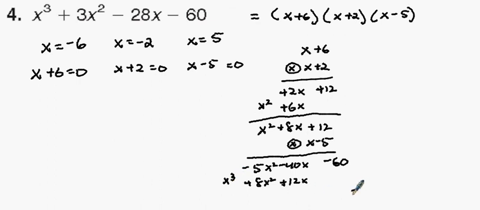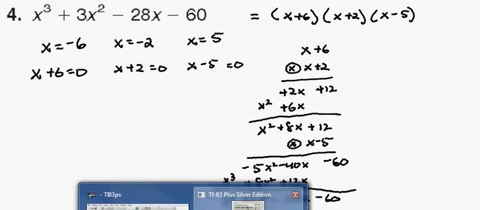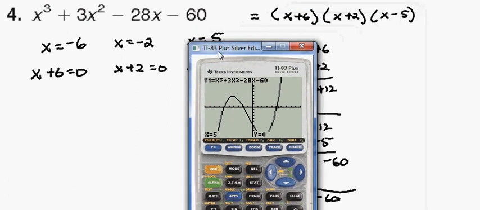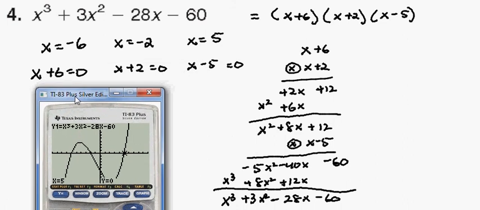And I add my columns there. And I get x cubed plus 3x squared minus 28x minus 60. And indeed, this is the correct factorization. So, using that graphing calculator is probably the way to go.